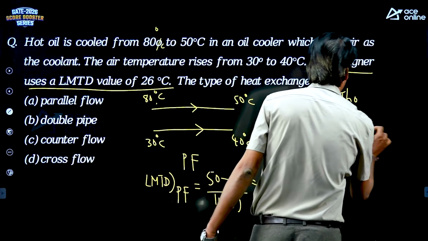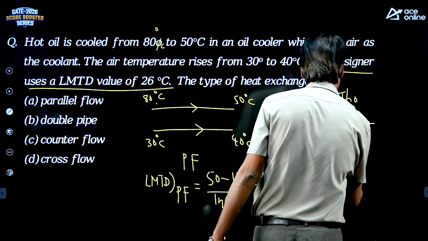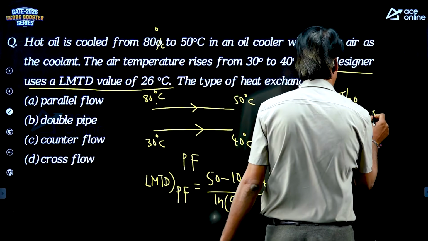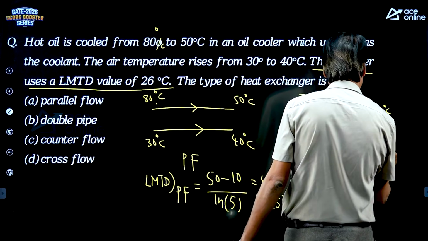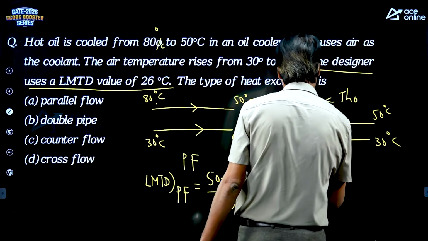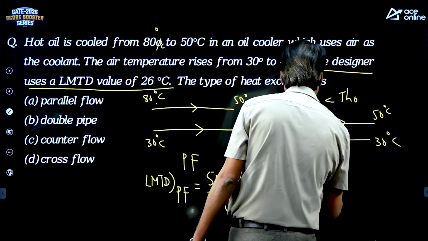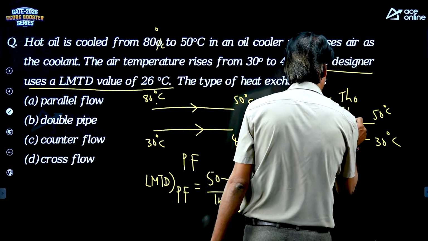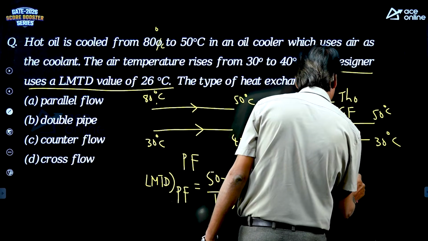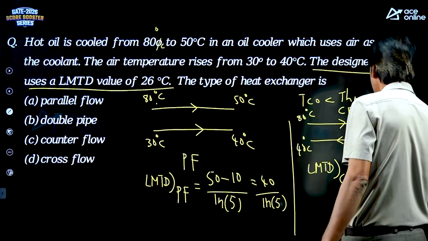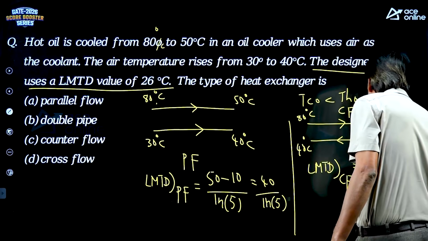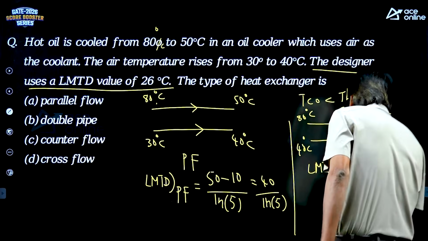Then, if you take it as a counter flow heat exchanger, 80, 50, 30 and 40, and you calculate the LMTD of the counter flow heat exchanger: 80 minus 40, 40, and 50 minus 30, 20, by log 2, that is 20 by log 2.